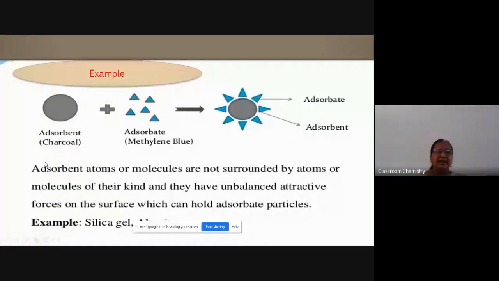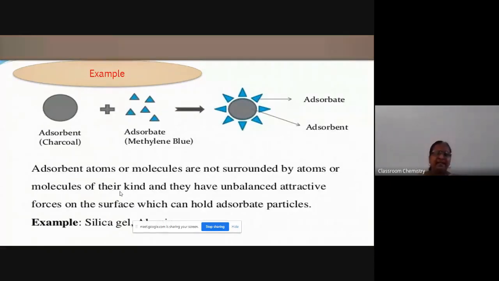This is the example of the adsorption, that is the adsorbent atoms or molecules are not surrounded by atoms or molecules of their kind. आता इथे adsorbent कोणता आहे, चारकोल आहे, त्याच्याच सारख्या atoms ने किंवा molecules ने तो surround झालेला नाही. Therefore they have unbalanced attractive forces on the surface.